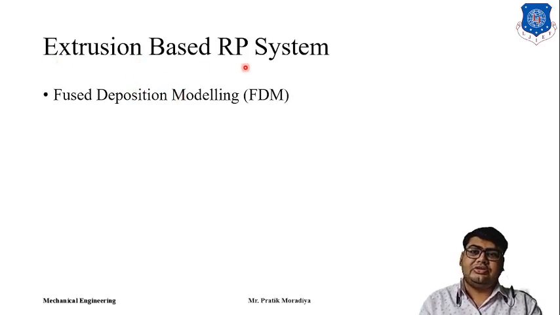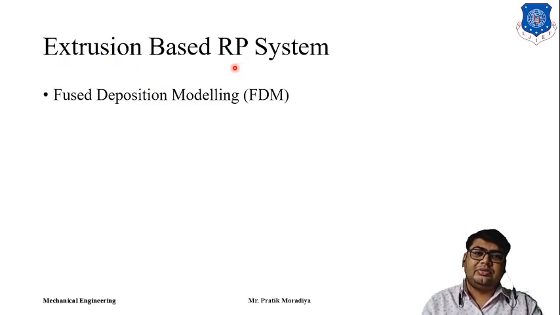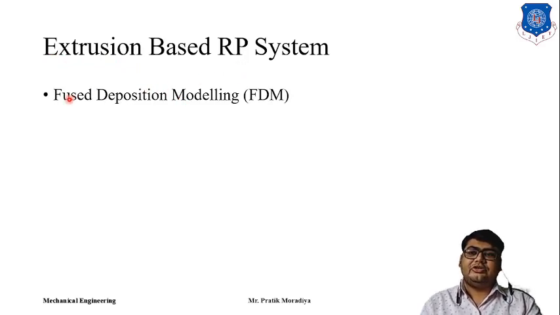So in extrusion-based rapid prototyping systems, there is a process called fused deposition modeling. This is extensively used in industry due to its low cost as personal prototyping machines, which can be used for producing non-functional prototypes, and sometimes we can use it for producing some decorative pieces also.